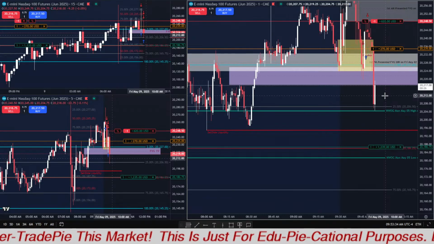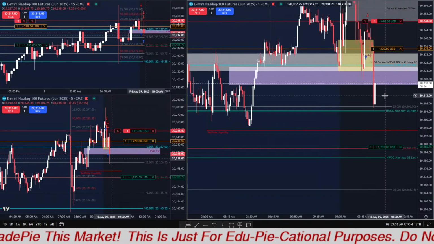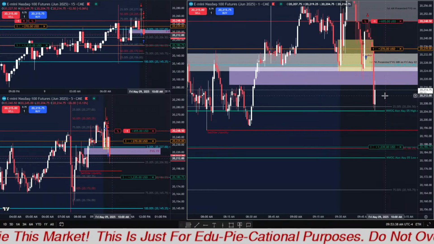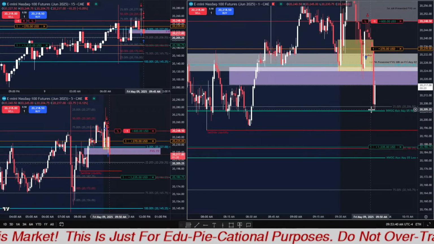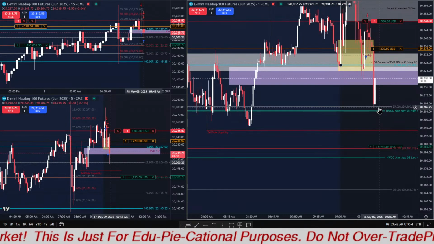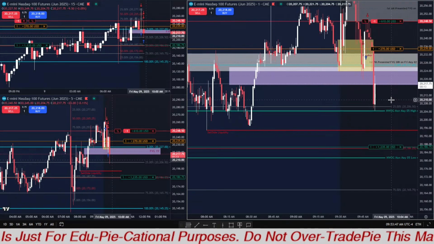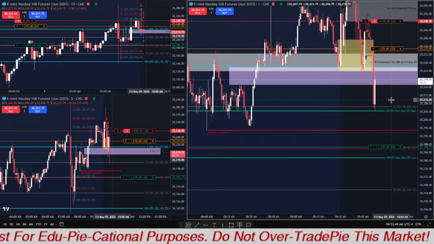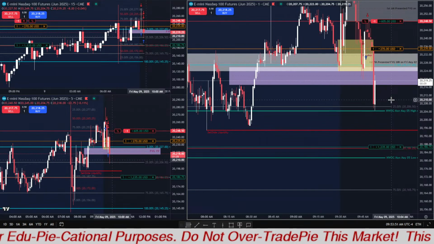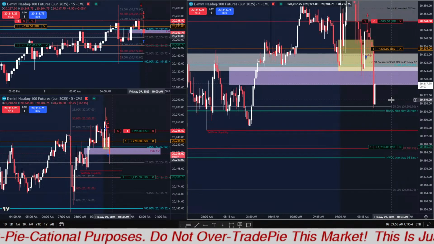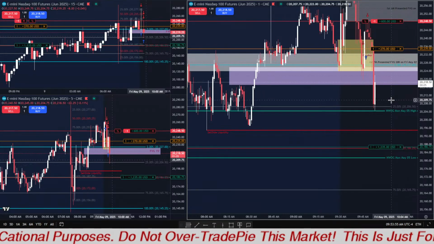Tapping into the low of the 15-minute PC over here, after touching the upper quadrant of the open range gap for today's trading session, and the consequent encroachment of that 15-minute PC.